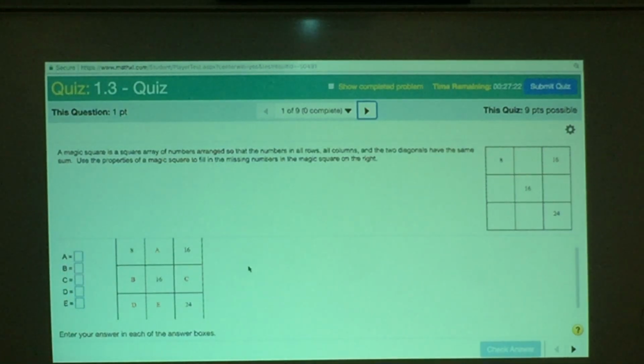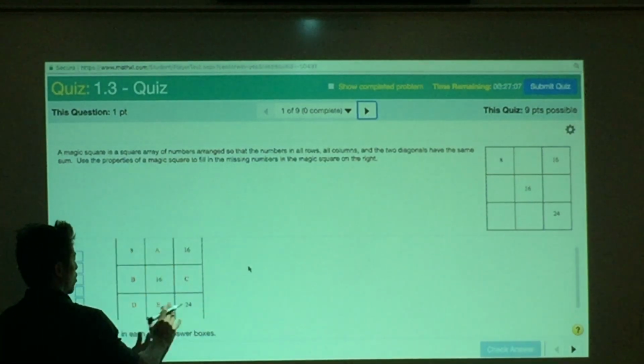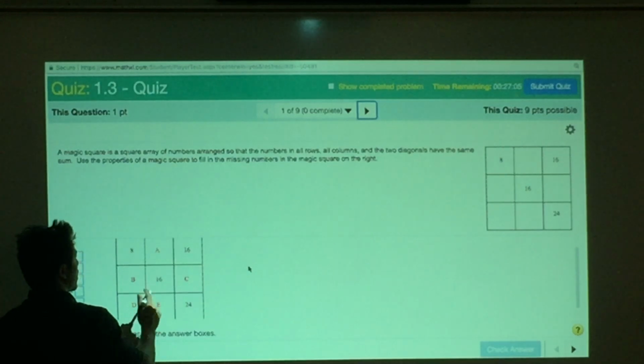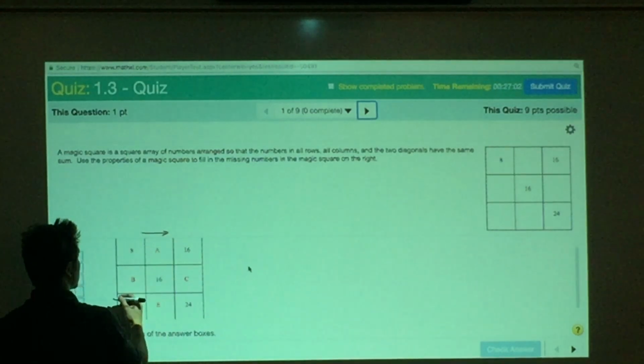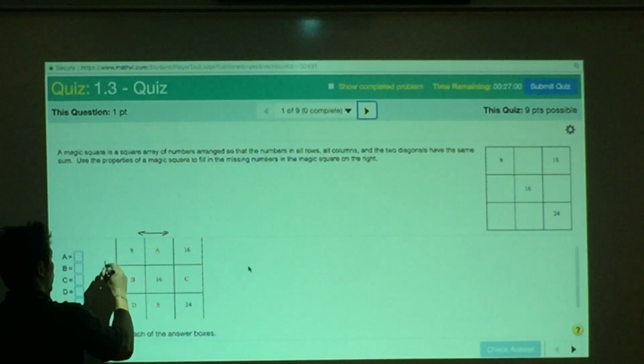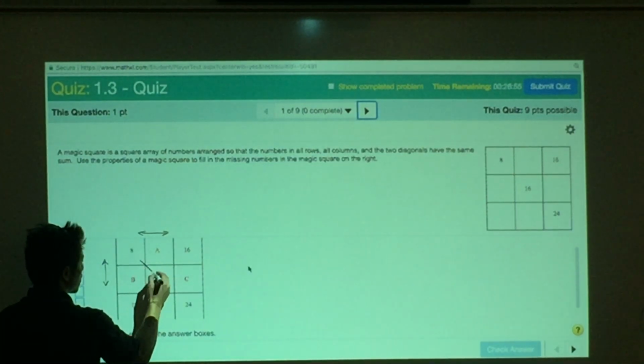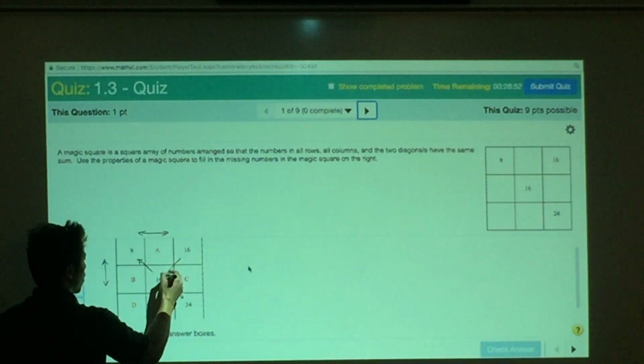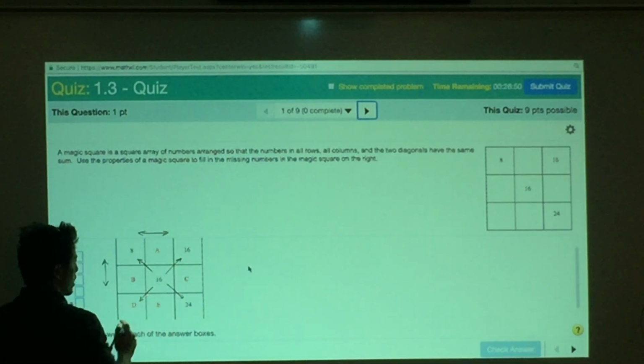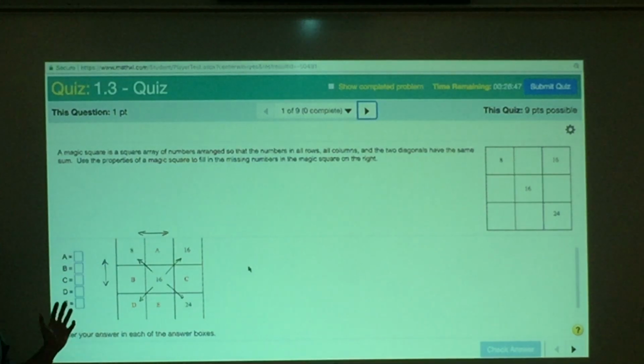It says a magic square is a square array of numbers arranged so that the numbers in all rows and all columns and the 2 diagonals have the same sum. So let's stop right there to understand what's going on. What they're saying is that in a magic square, if I add everything this way, and this way, and then along the diagonal this way and along the diagonal this way, they should all equal the same thing.